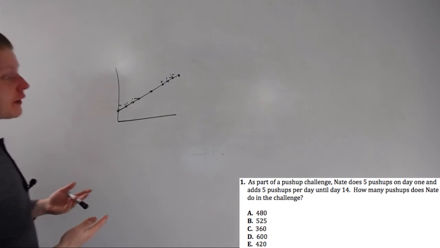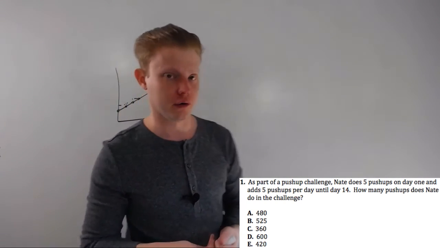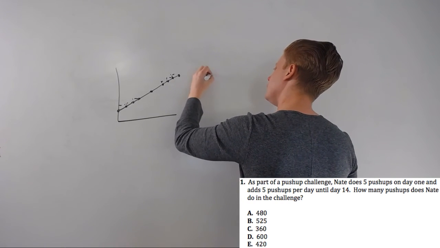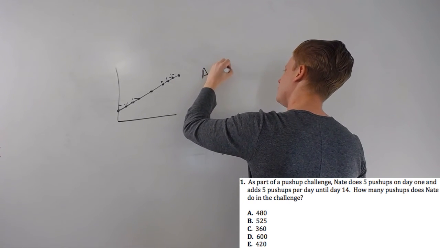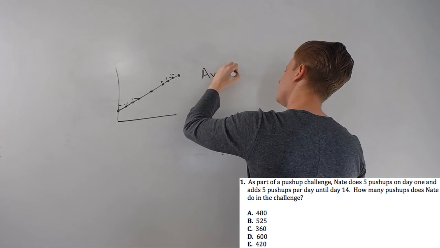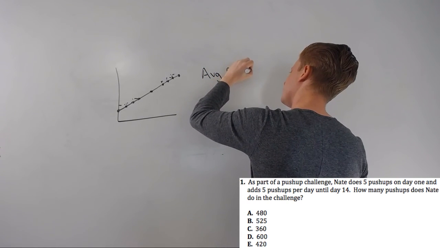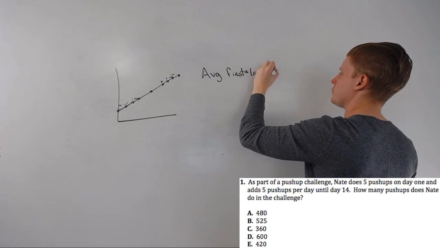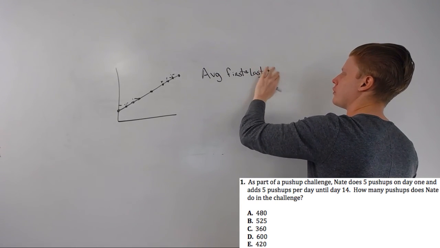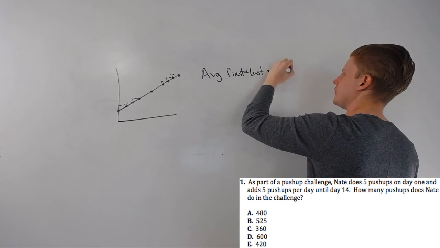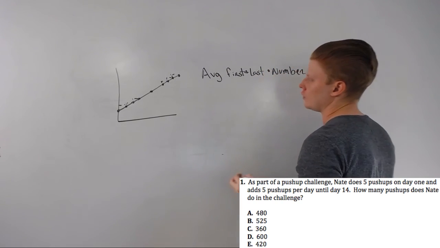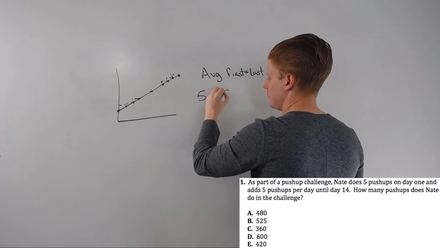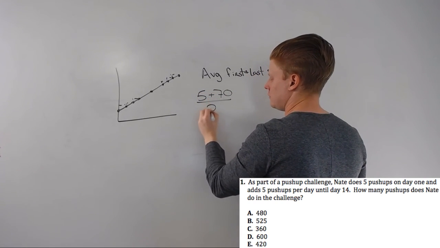And that leads me to my second way of doing it, which is very similar. Find the average of your first and last term. And here's your formula. Average of first and last times the number of days, the number of things, and I'm just going to call that the number. So what would I do here? 5 plus 70 divided by 2.